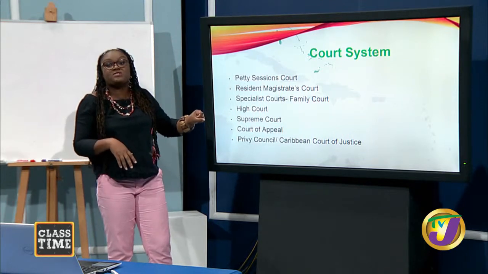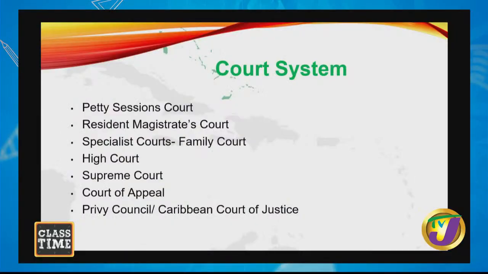Here are some examples of some of the courts: the Petty Sessions Court, Resident Magistrates Court, High Court, and so on. And the Privy Council, which is based in Britain, in Europe, but we are moving or seeking to move into using the Caribbean Court of Justice, which was established in 2001 to serve as the final court of appeal.